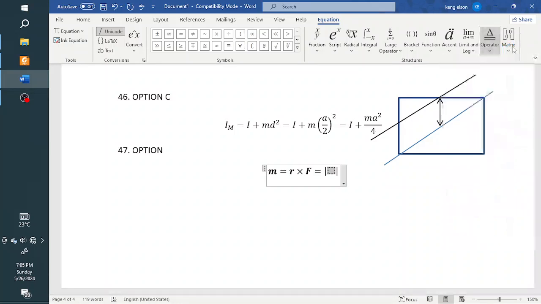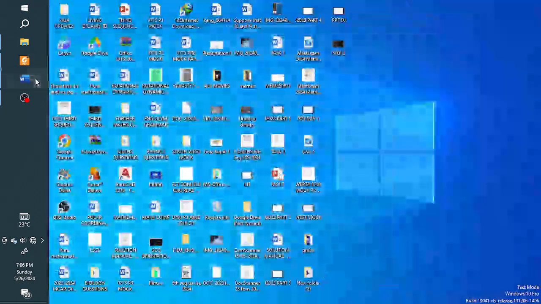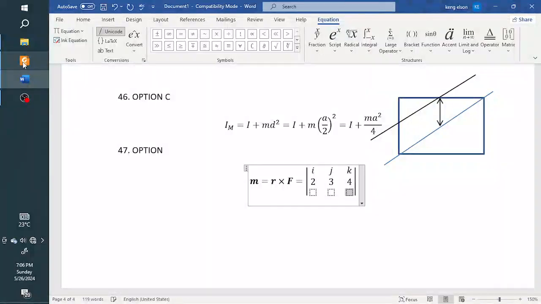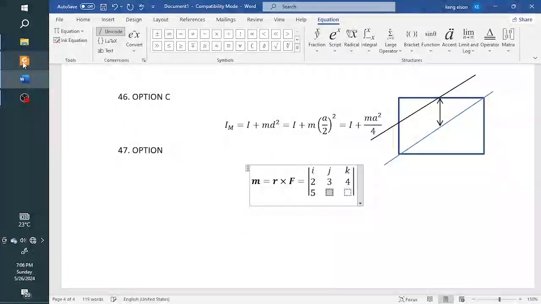To get a cross product of two vectors, we use the application of determinant. So we have I, J, K. We begin with R first: 2, 3, 4. Then we go to F: 5, negative 2, 3.